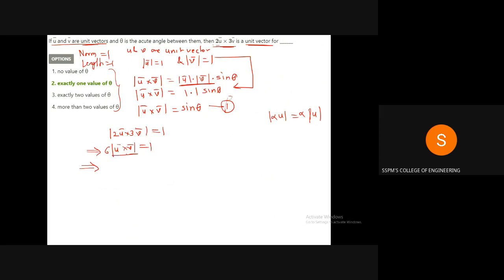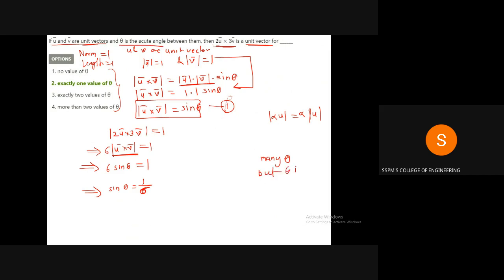But what is this value? We have already calculated that value: u bar cross v bar is equal to sine theta. So 6 sine theta is equal to 1. So sine of theta is equal to 1 by 6. Sine of theta is 1 by 6 for many thetas. But what is given here? Theta is an acute angle.